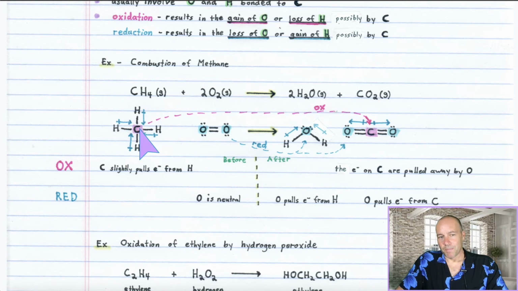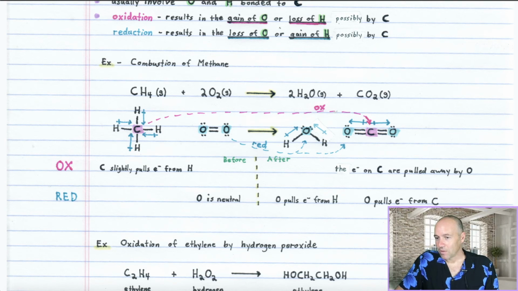Now carbon is slightly more electronegative than hydrogen, and whereas in last chapter we were classifying a carbon-hydrogen bond as nonpolar, here we're going to acknowledge that it does have a slight greater electronegativity than hydrogen.